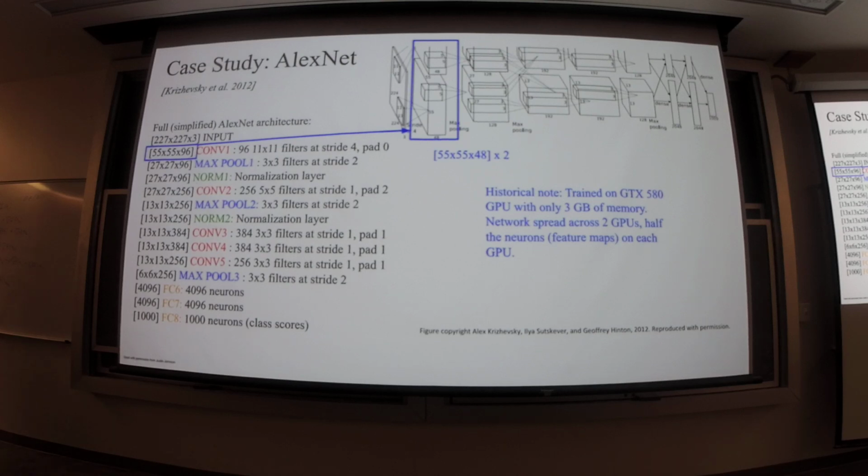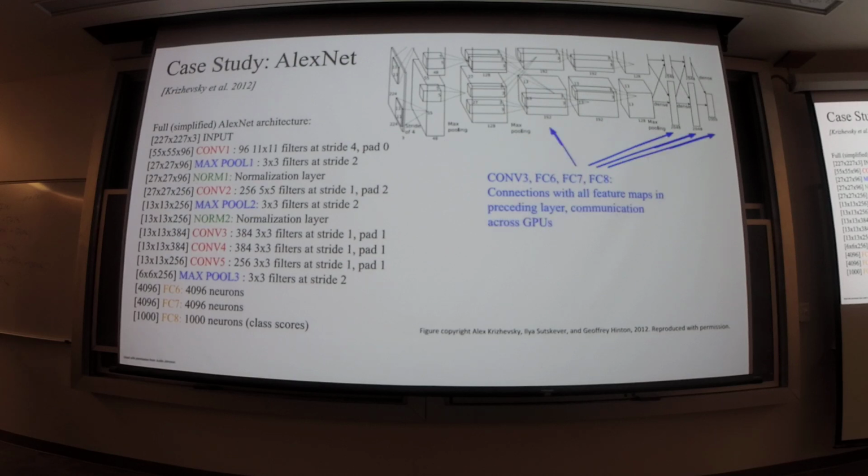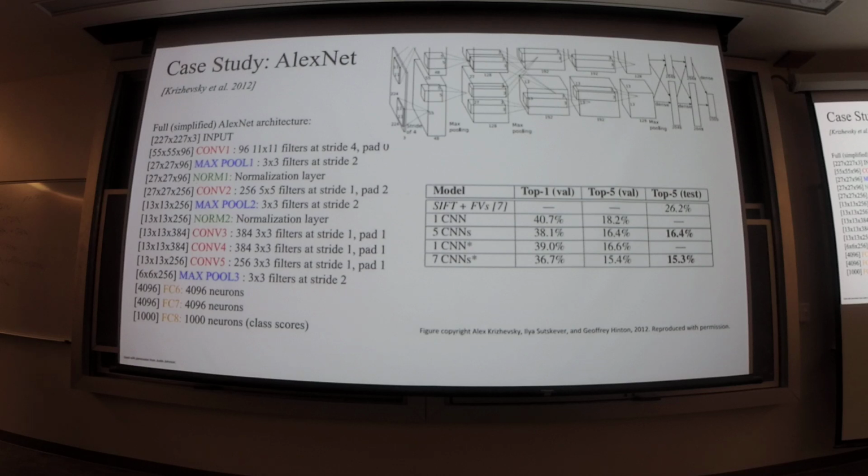They split it across 2, and so they actually split the filter maps. In these layers that I'm pointing to here, they were split. In these layers, they were brought together, with communication across the GPUs, so the gradients were passed across. And this is actually how distributed training works now: you pass gradients around from different subsets, but always bring different subsets of batches.